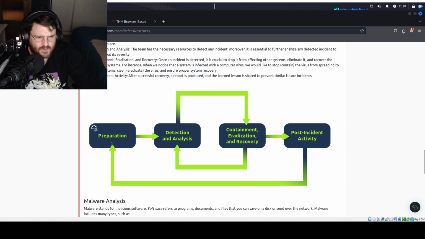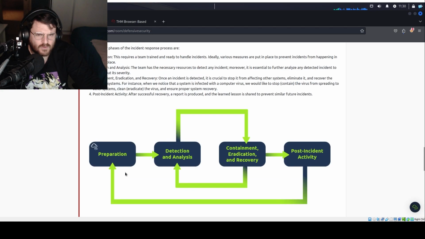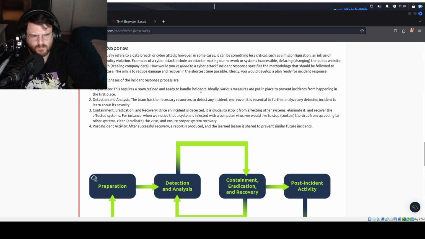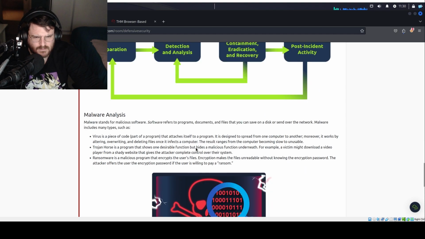The first phase, preparation, then detection and analysis, which will loop with containment, eradication, and recovery. And here we also have post-incident activity, which goes all the way back to preparation, and you do this process again and again. So this process is done for every kind of incident that you handle.